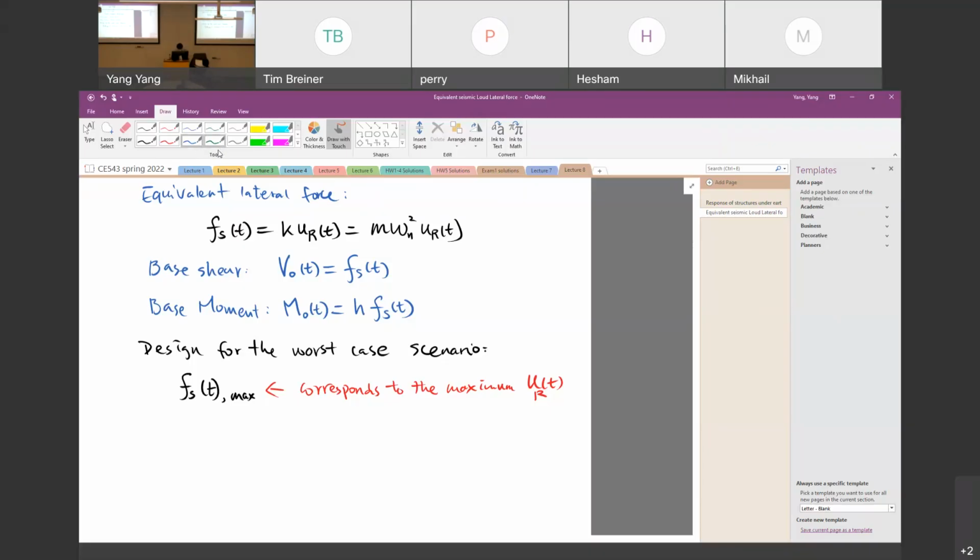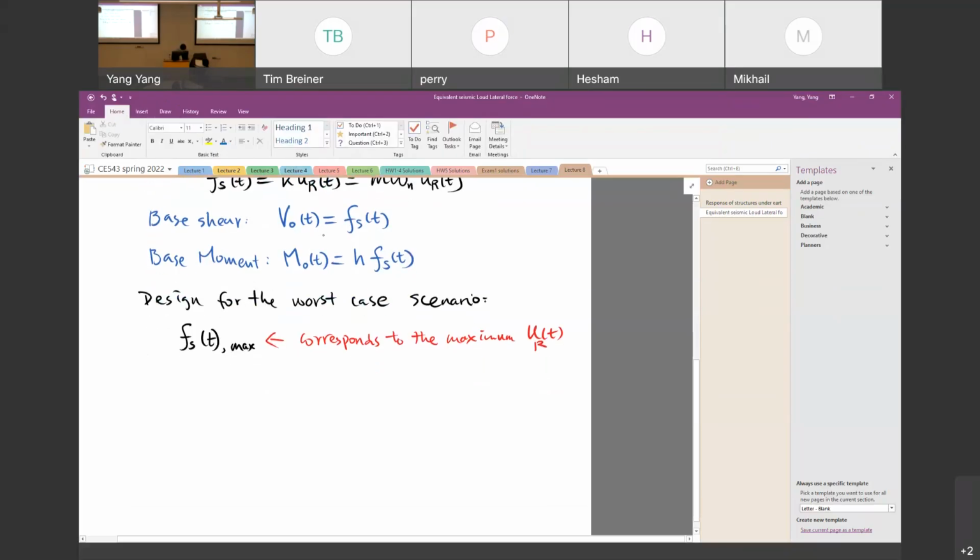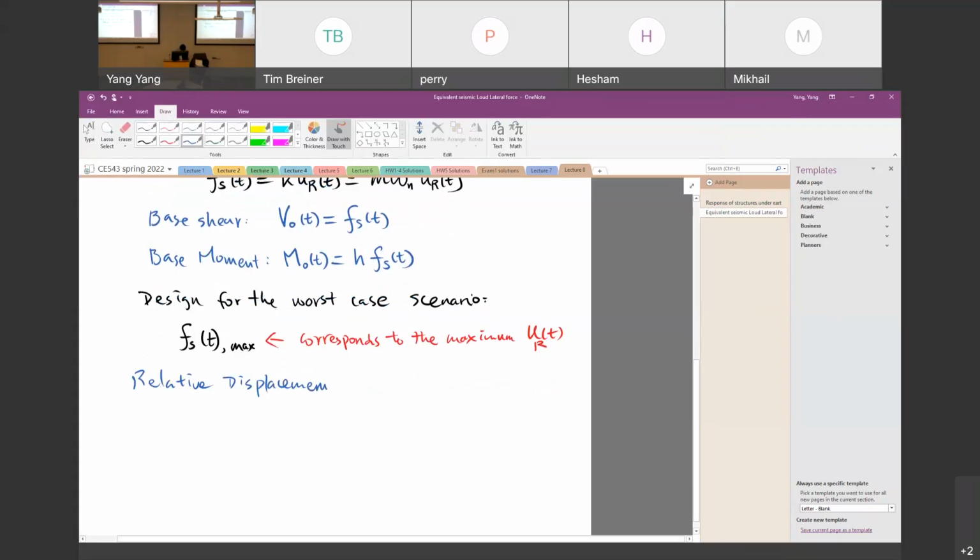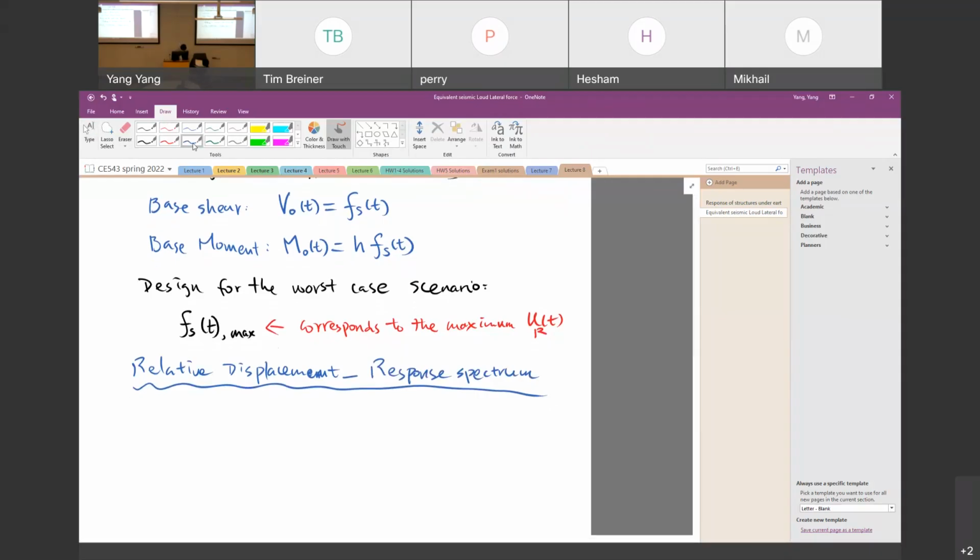Now let's talk about the response spectrum. We use S to express it.